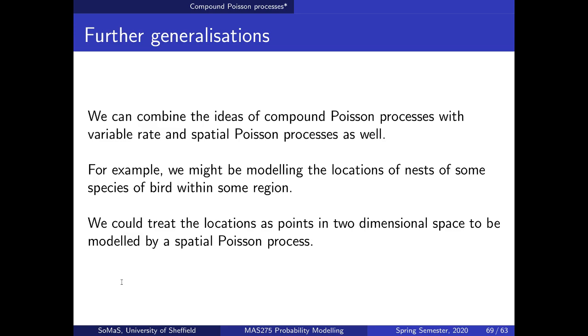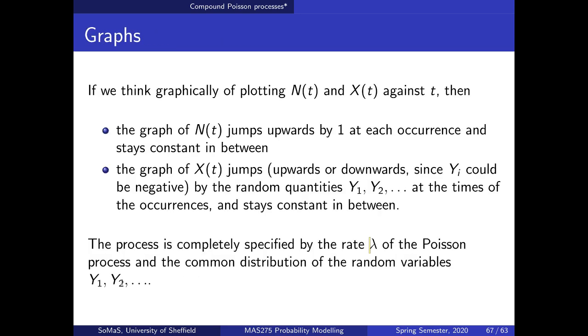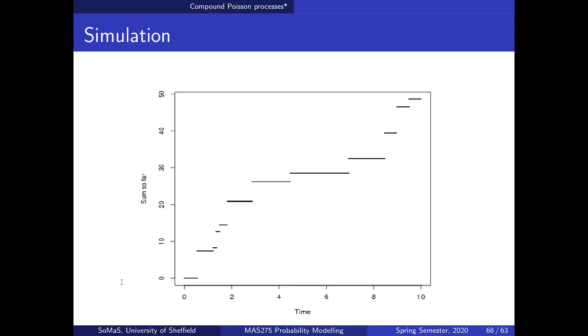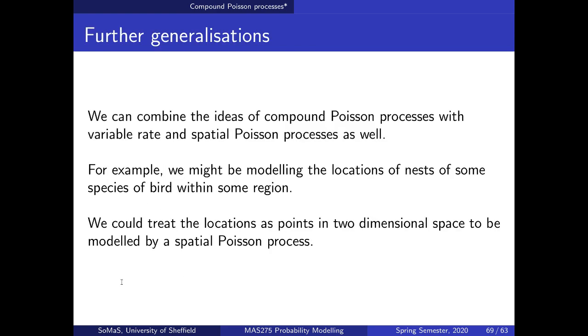Now, I don't want to say much about X of t itself. It has some nice properties. The law of large numbers holds, and some other interesting things. But another thing we can do is make this a variable rate or make it spatial. You could want to model locations of nests of birds and things like that.